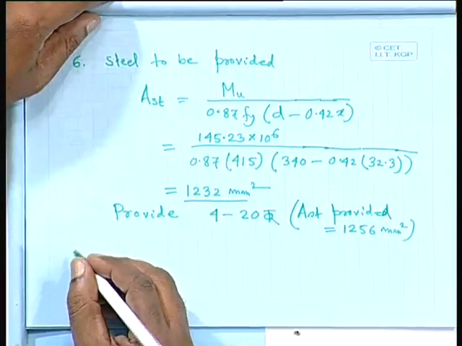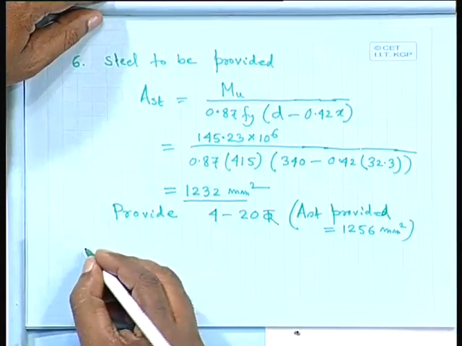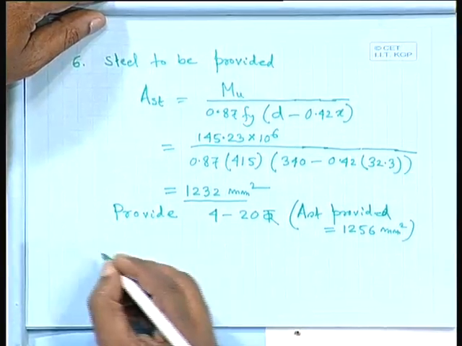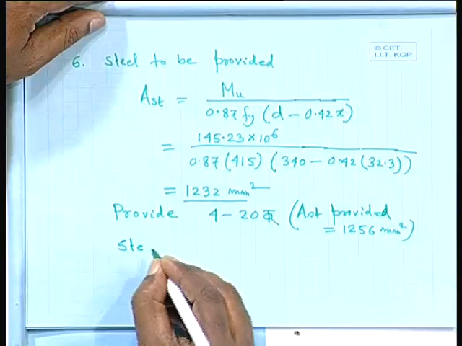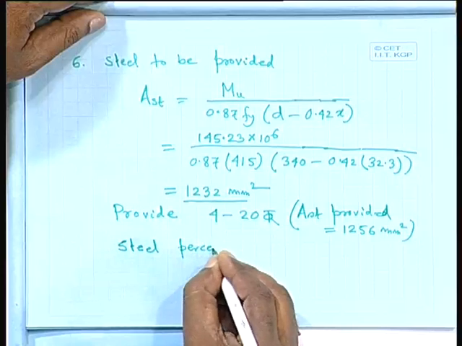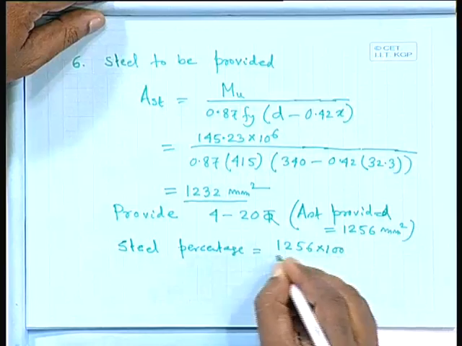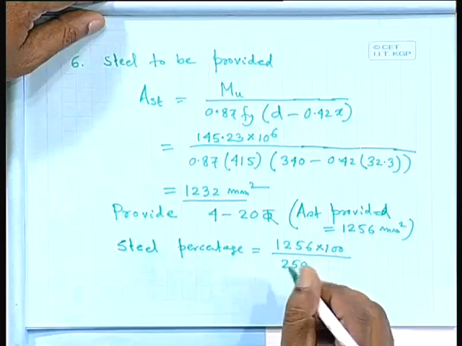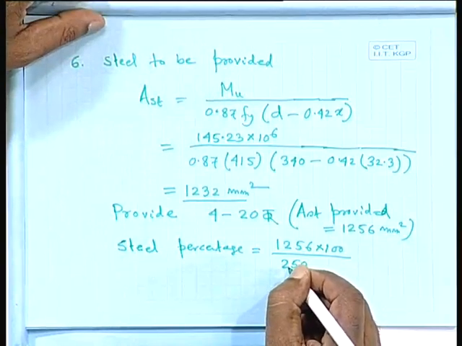What about the percentage of steel? It equals 1256 into 100 divided by, here we shall take it not on the basis of flange width, we shall take it on the basis of the width of the web.